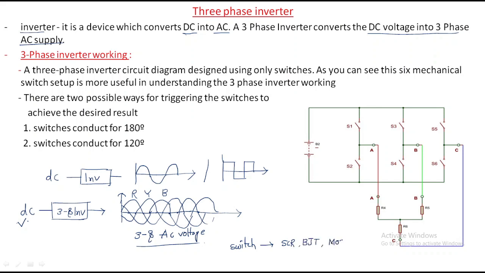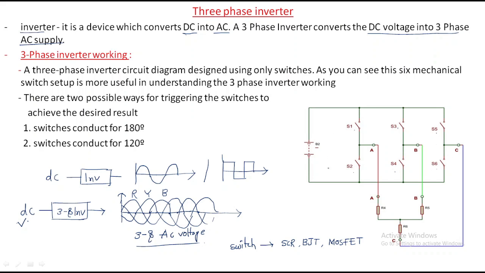Those are the switches, but in order to understand simply, I am directly using switches. As you can see, this six mechanical switch setup is more useful for understanding the three-phase inverter working. If you observe here, S1, S2, S3, S4, S5, S6. These are the six mechanical switches.